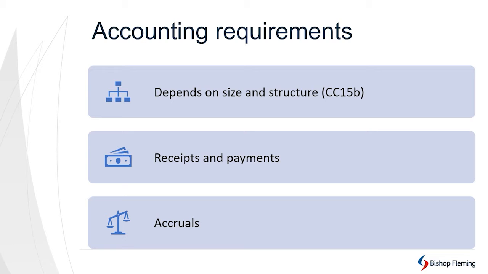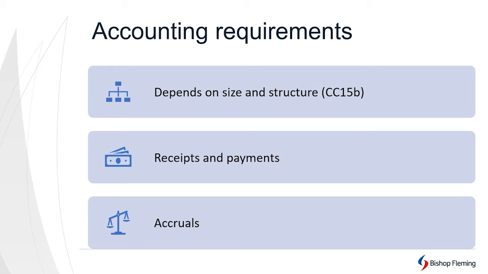So there are two formats of accounts you can do: receipts and payments, or accruals. Receipts and payments is the most simple form of preparation. Non-company charities, so the unincorporated charities, can do these where their income is below £250,000.